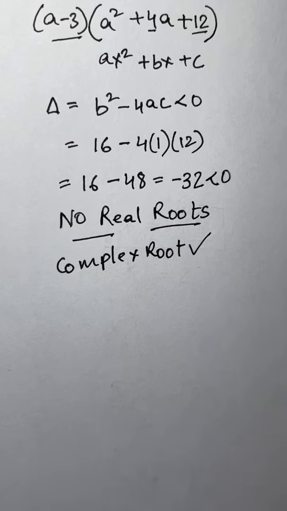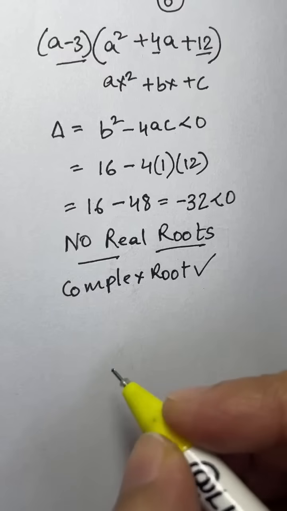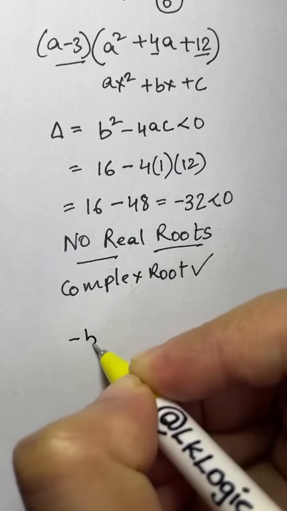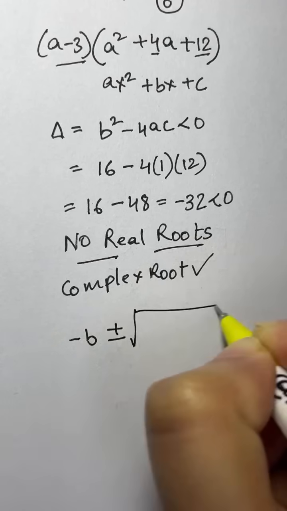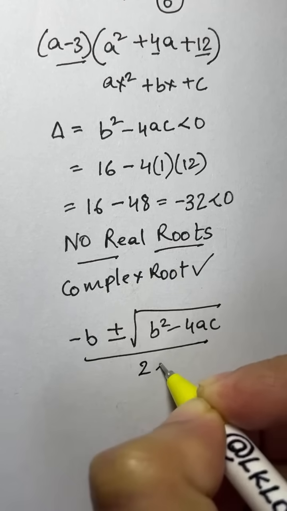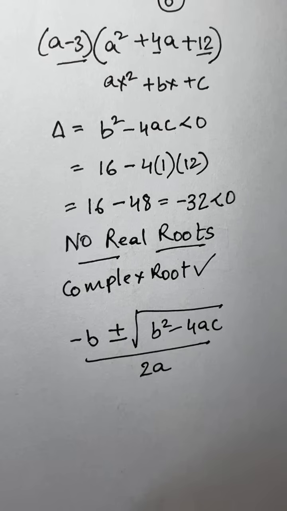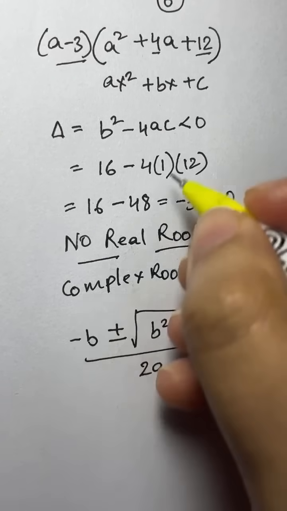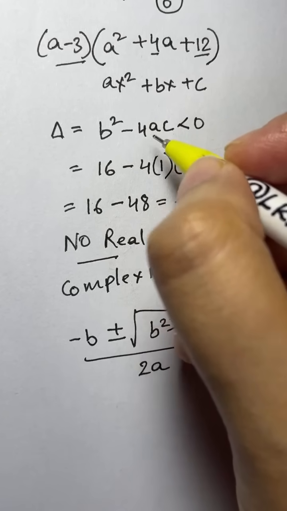Let's find out what are those complex roots. So as you know, what is your quadratic formula? Minus b plus or minus under root of b square minus 4ac over 2a. I think you've heard that. Yes. So what's our b? b is 4.